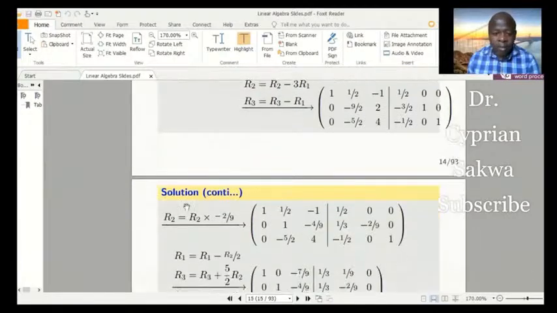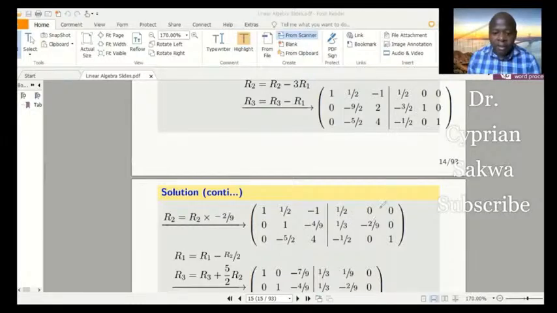I just multiplied row 2 by negative 2 over 9. So when that happens, this by negative 2 over 9 gives me positive 1. This by negative 2 over 9 gives me negative 4 over 9. And this one by negative 2 over 9 gives me a third.